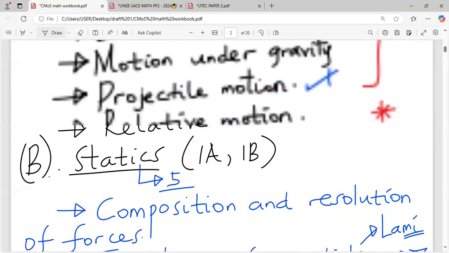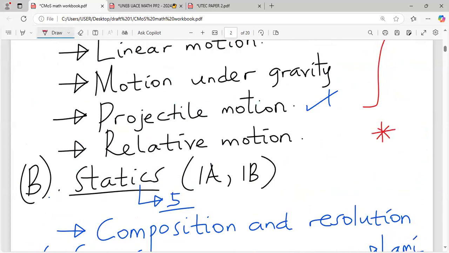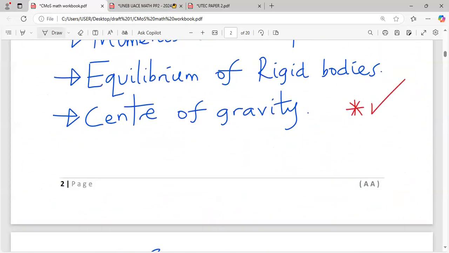You understand? Here you left out relative motion, and that's what the examiner brings. Like this one, it came in 2022 when no one expected it. And center of gravity is what most people leave out. Guess what? It came in 2023 and also came in 2024.